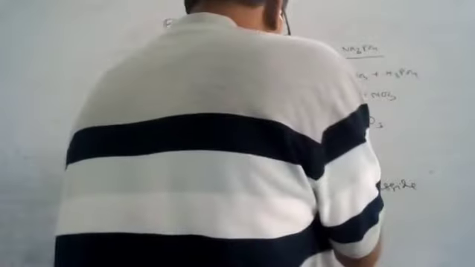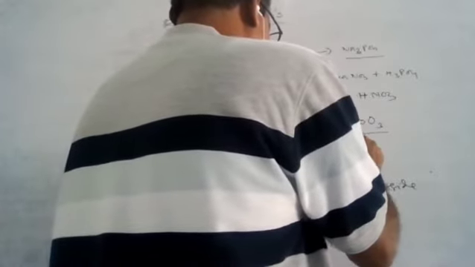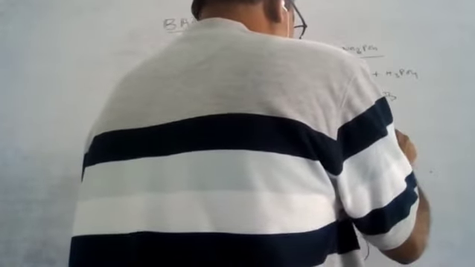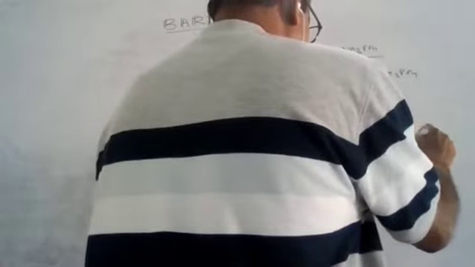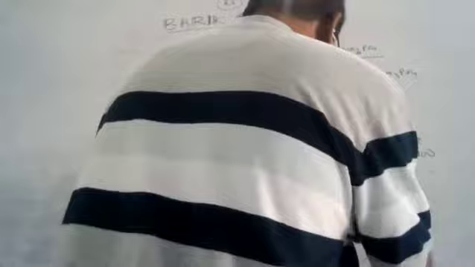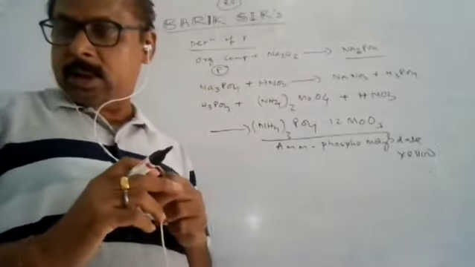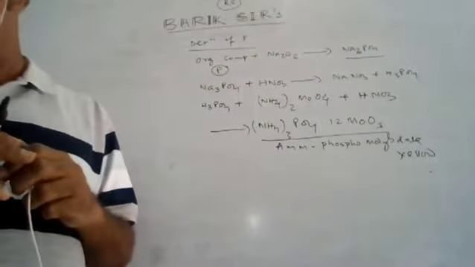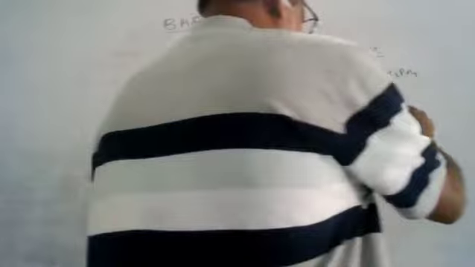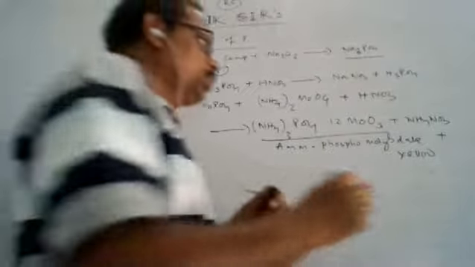That is the ammonium phosphomolybdate, and this is the yellow color. The presence of this yellow ammonium phosphomolybdate is the test of phosphorus. Here ammonium nitrate and water are also formed.